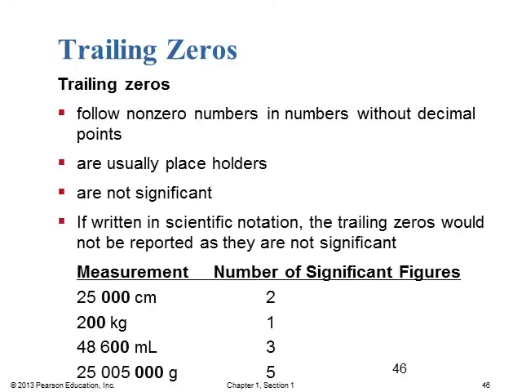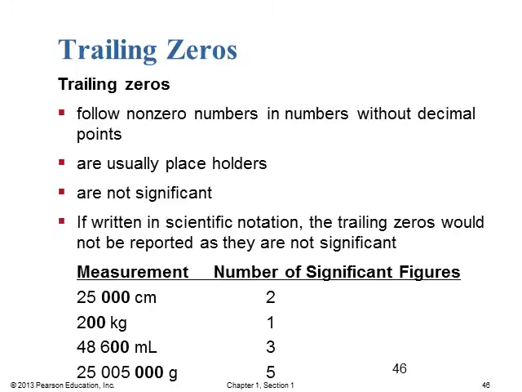They're just considered placeholders. They're just holding their place and making the number look large. One way that I remember that is if you write these numbers in scientific notation, you're not going to report these trailing zeros. They're just going to be cut off because they're not significant.